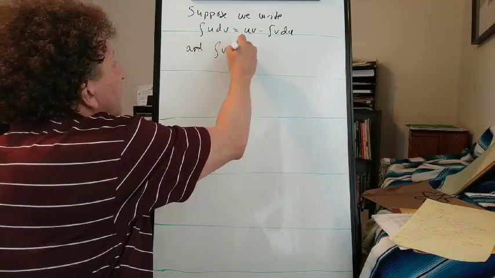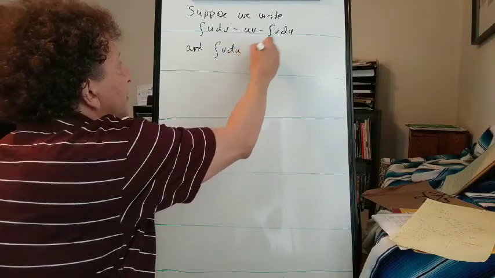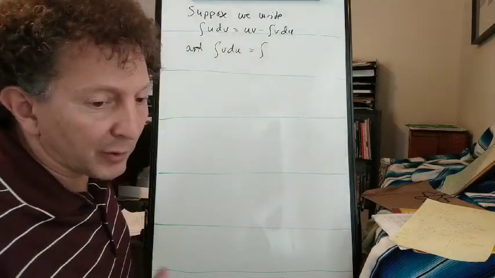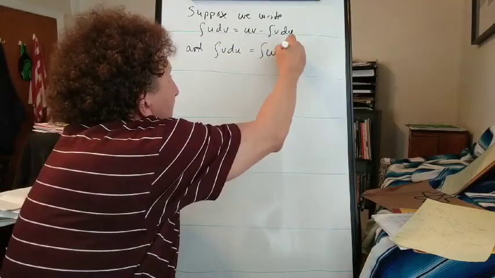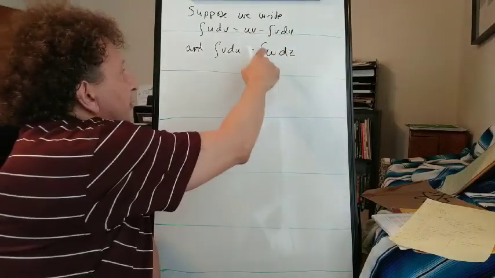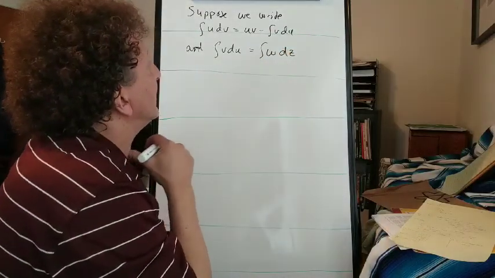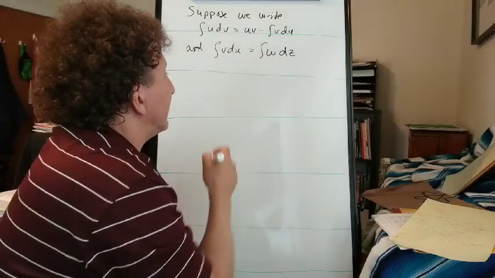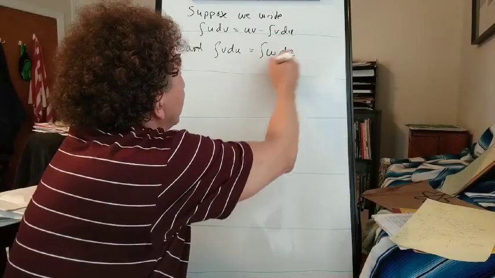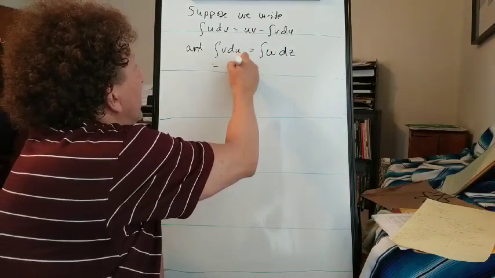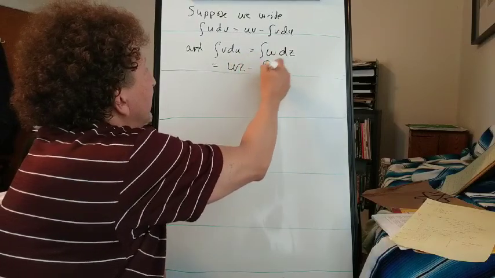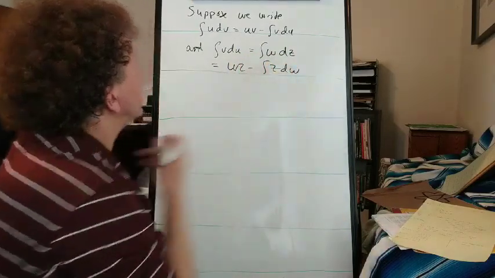So let's organize this integral into something like the integral of w dz, where we can differentiate w and we can integrate z, we can integrate dz, and then this is wz minus the integral of z dw.